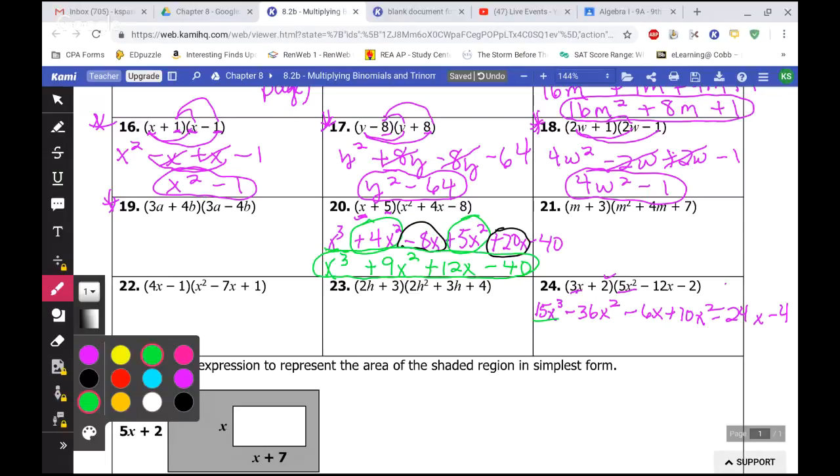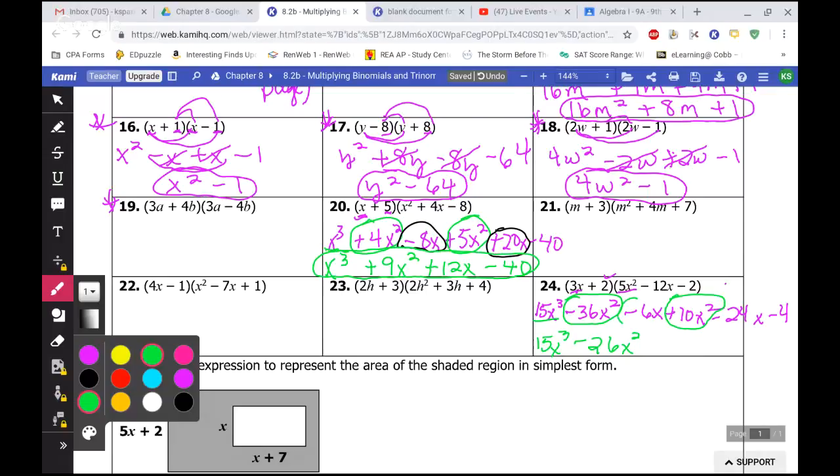There's only one 15x cubed, so we'll go ahead and write that down. There's nothing to combine. There's no other x cubed term. But I do see that I have a negative 36x squared, and I have a positive 10x squared. So when I combine those, I've got a negative 26x squared, because negative 36 combined with a positive 10 is a negative 26. So once you find your like terms by matching the variable with matching exponents, you just combine the coefficients.